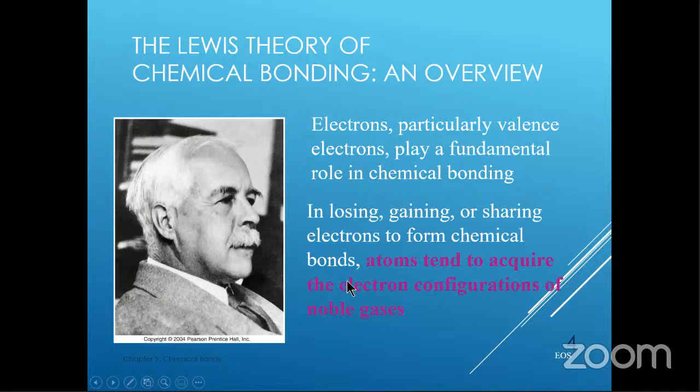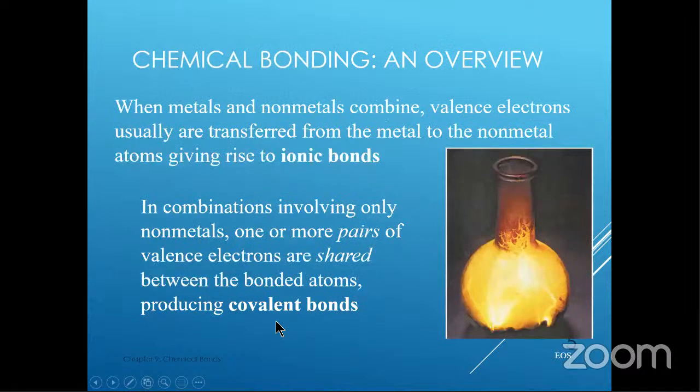And in losing, gaining, or sharing electrons, they tend to, not in all cases, but in some cases, form the electron configuration of the nearest noble gas in the periodic table, all right? And we're going to see some examples of that.